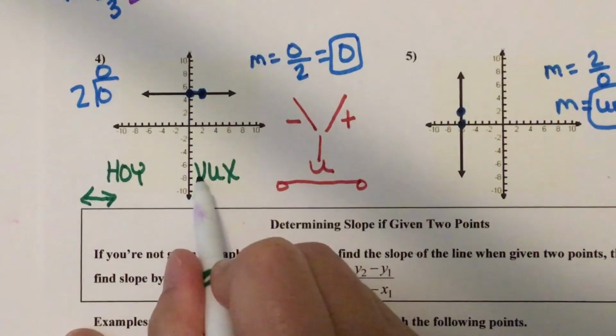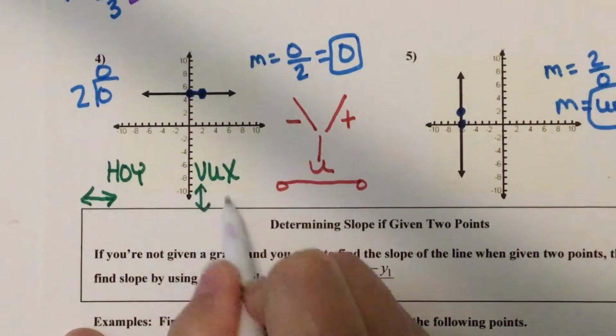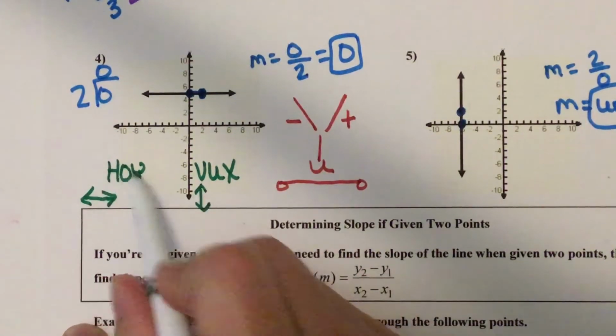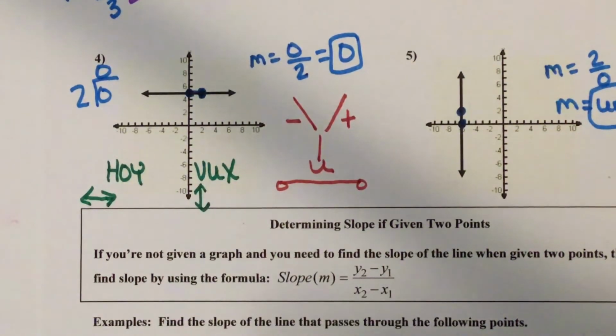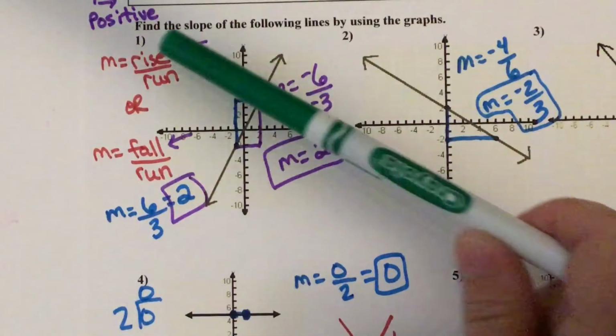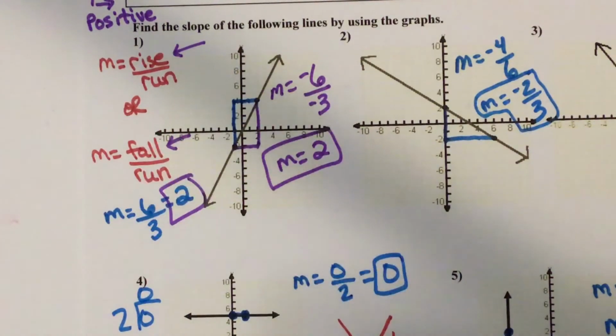VUX is a vertical line, undefined slope, and an x equals equation. So HOY and VUX can also help you remember. Okay, so that's how you find the slope from a graph. You just simply count your rise over your run or your fall over your run.